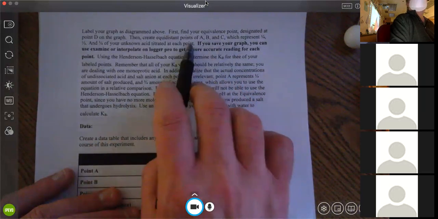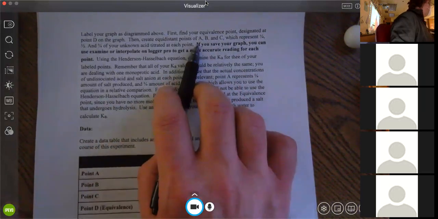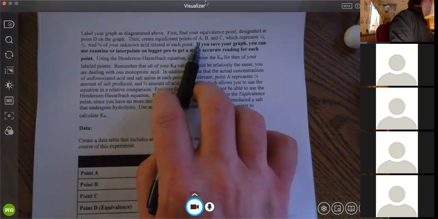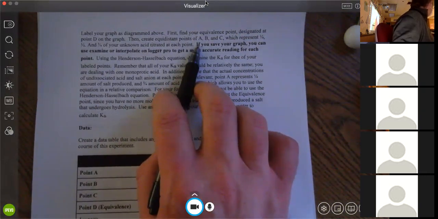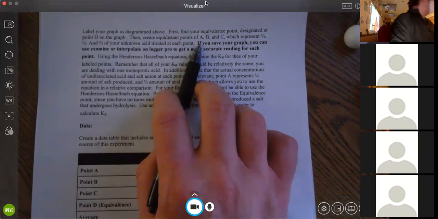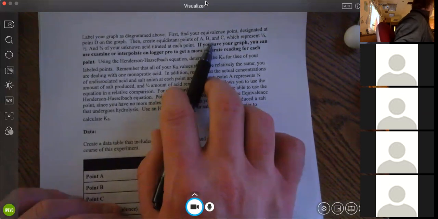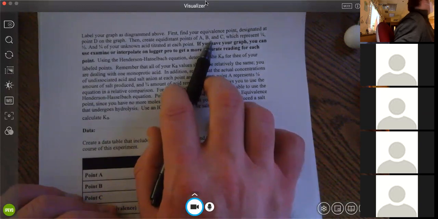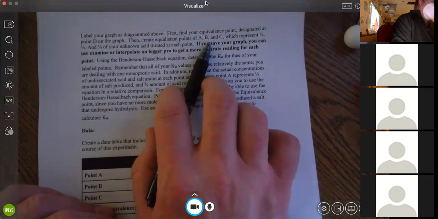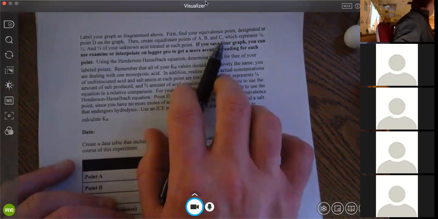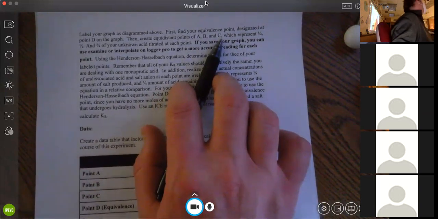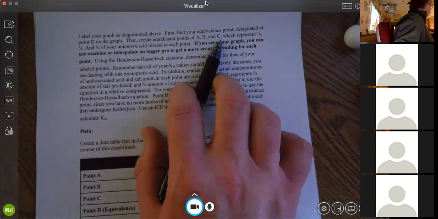A will represent 1/4 being neutralized, 1/4 being the conjugate base, and 3/4 being the leftover acid. The concentration at point A will be 3/4 acid and 1/4 conjugate base. At B, that will be your 50-50 mark, so the conjugate base and the acid will have equal concentrations. And then at C, you will have 3/4 conjugate base and 1/4 of the weak acid that you started with.